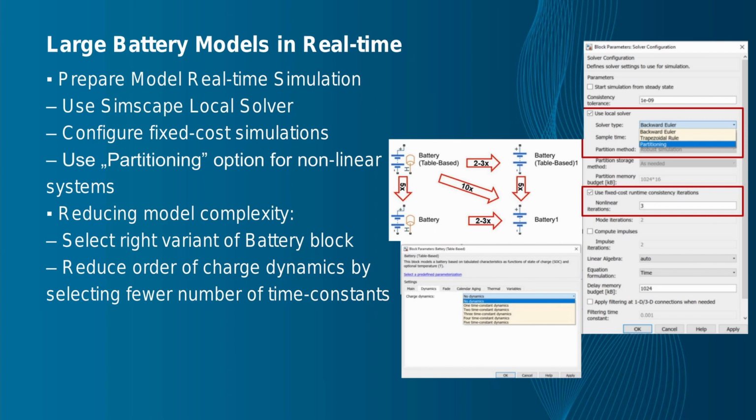Here we can notice that by selecting a variant with lower fidelity, we can easily gain a 10 times reduction in task execution time. Another option is to select lower-order dynamics of the battery cell. This also helps in reducing task execution time significantly, with the gain in performance coming from reduced fidelity as well.